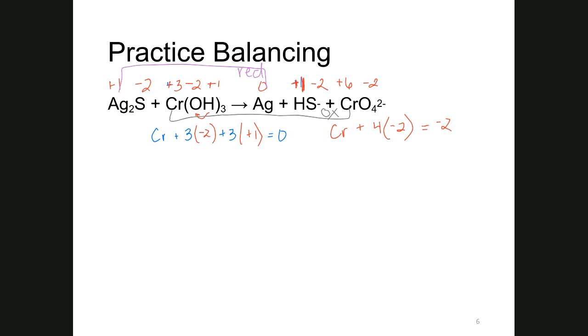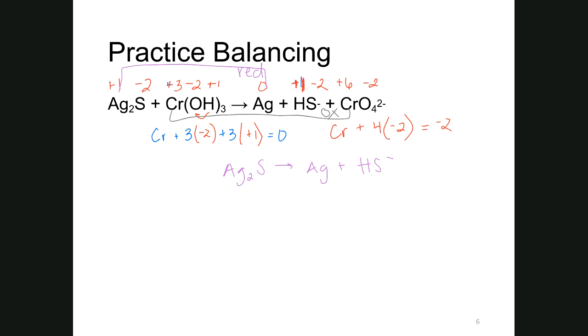So we have Ag2S makes Ag plus HS minus. Now, why do I have 2 products here? Because I have to add that S in somewhere else. Hydrogens and oxygens are the only things that don't need to be present when you're writing the formulas.